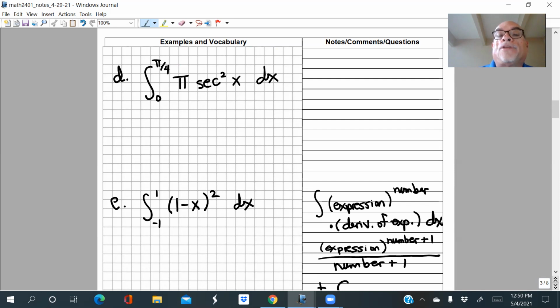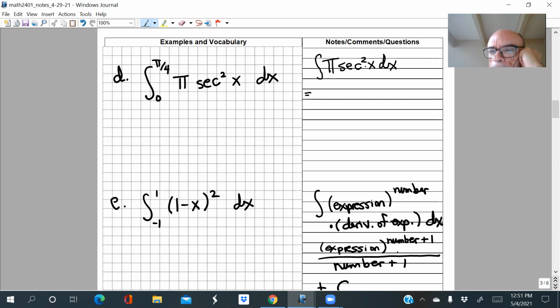Okay, all right. So step 1 here, remember, we find the antiderivative. We want to find the antiderivative of pi times secant squared x dx. That looks like it could be complicated, but the thing to remember is secant squared is the derivative of a trig function. So you need to recognize that. What trig function has as its derivative secant squared?